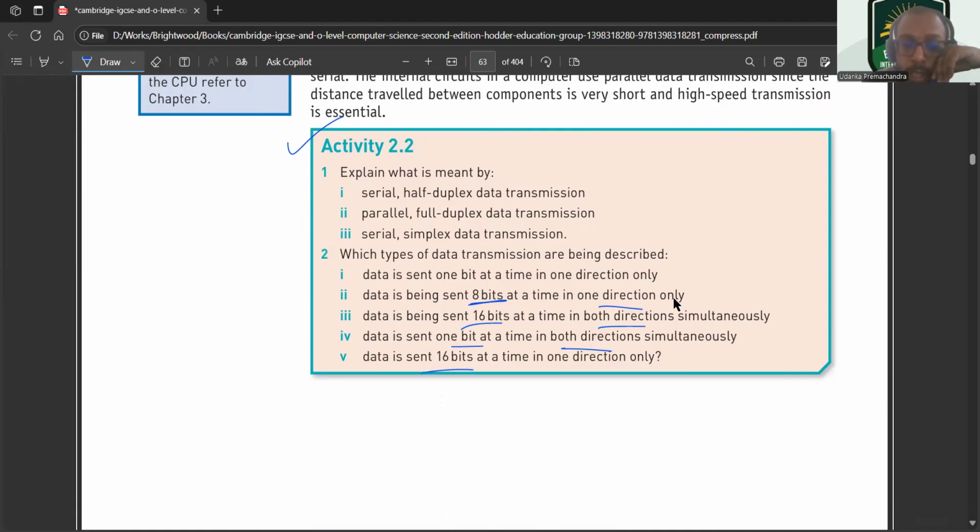Data is 16 bits, parallel, one directional only, at a time in one direction: simplex. Like that, you can write the answers. I will give 2 or 3 minutes.